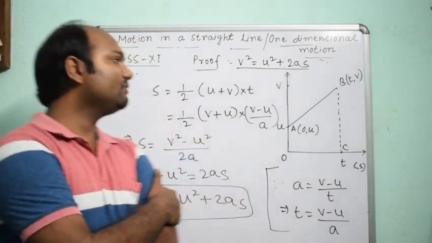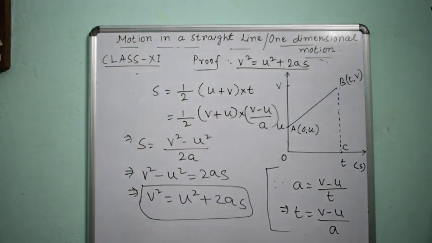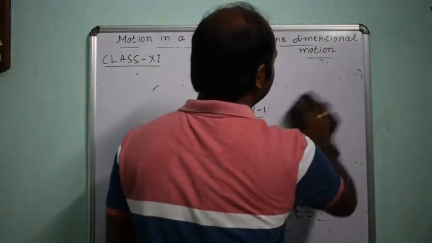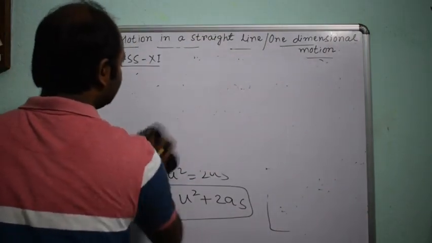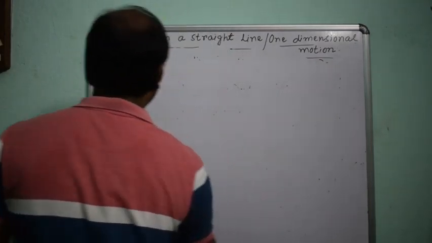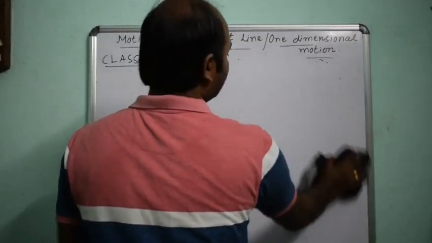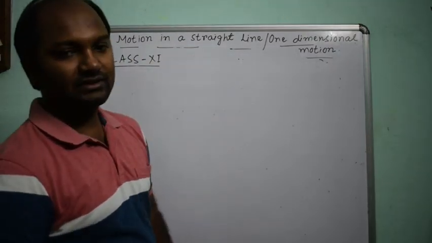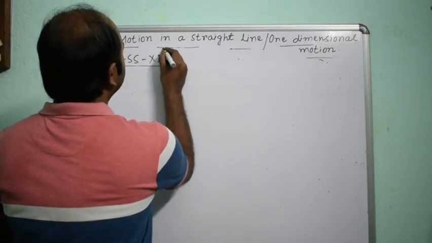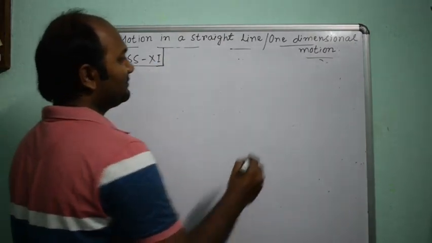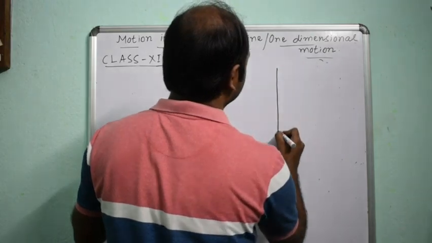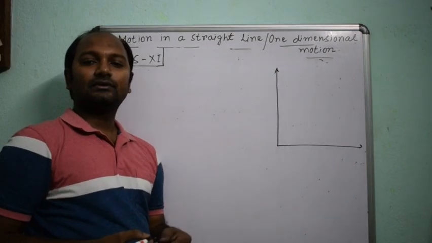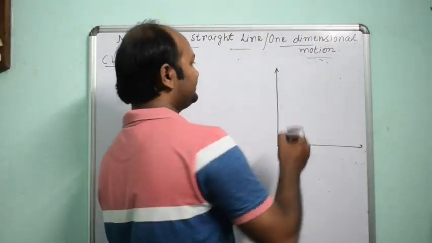Similarly, if you want to find the displacement in the tth second, then let it be a velocity time graph.